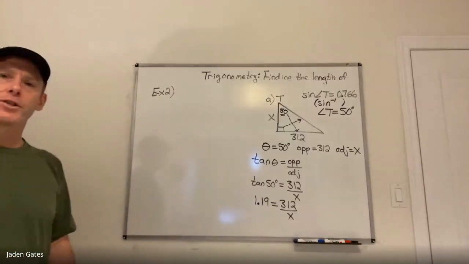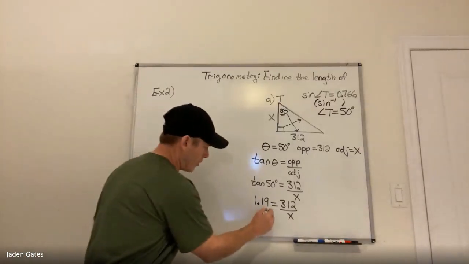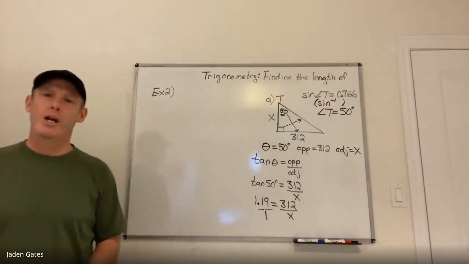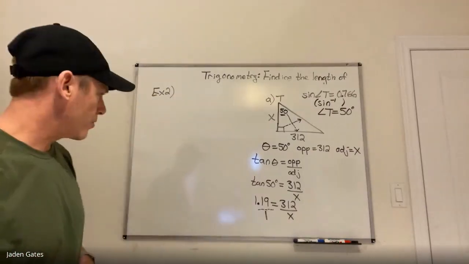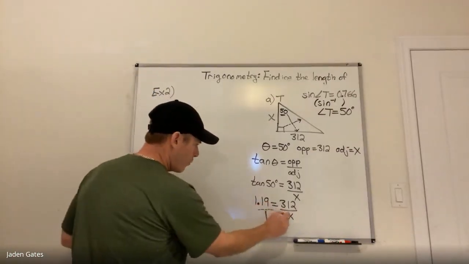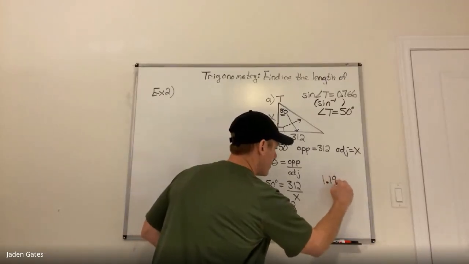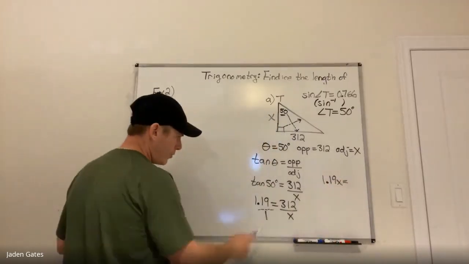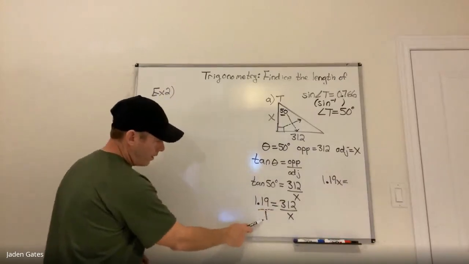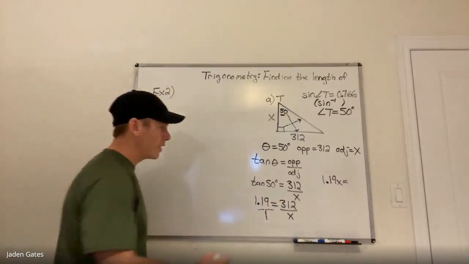All right, and again, this is the spot where I create a fraction equaling a fraction so that I can cross multiply and solve for x. So I'm going to have 1.19 times x, and that's going to be equal to 312 times 1. Well, again, 312 times 1 is 312.